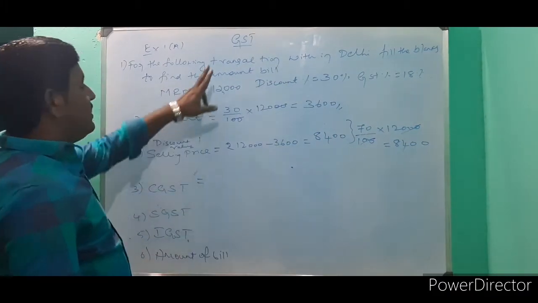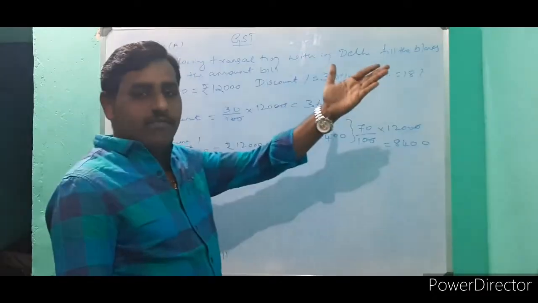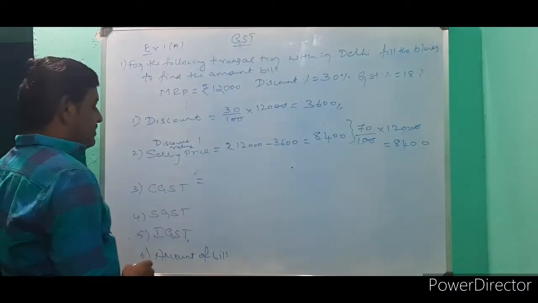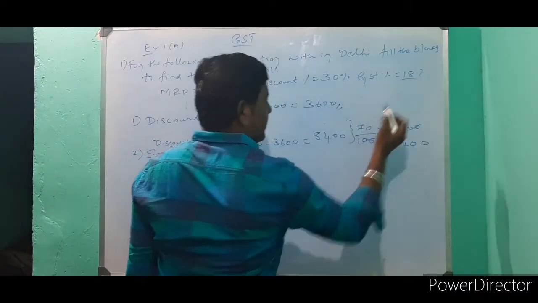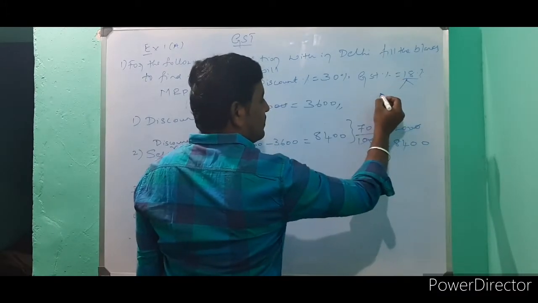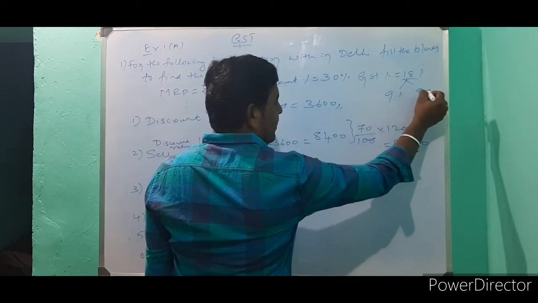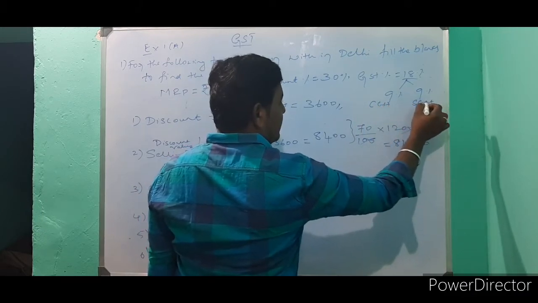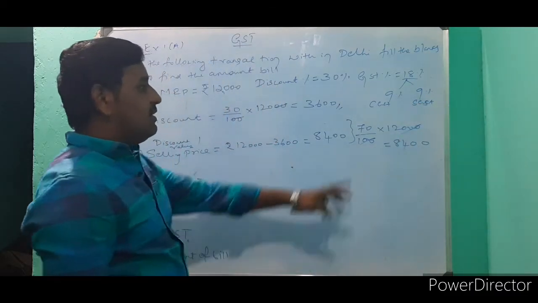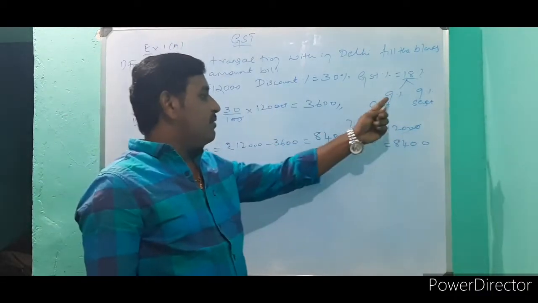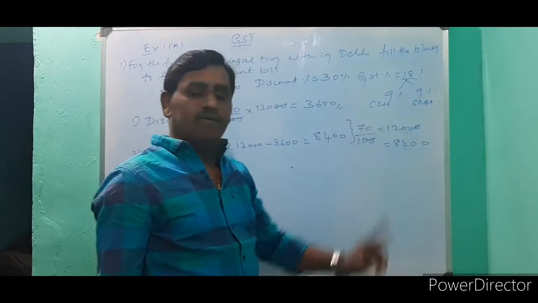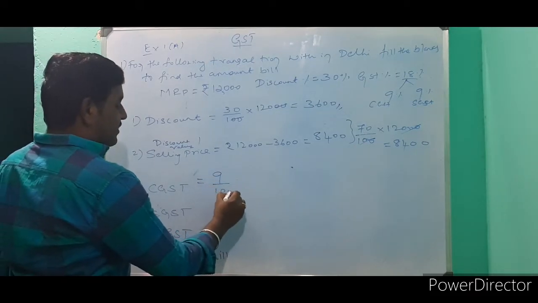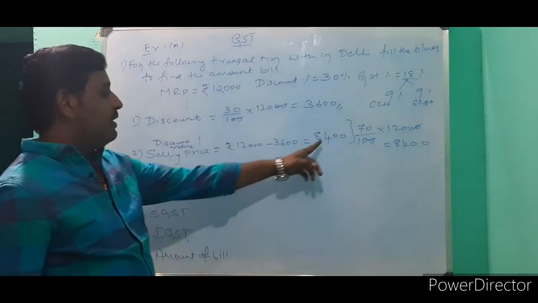Next, the transaction: the goods are supplied within one state, that is intra-state. So that's why you can find CGST and SGST. Here GST is 18%, so it divides into 9% and 9%. This is for CGST, this is for SGST. So the GST is divided into two. One half goes to the central government, another half goes to the state government. CGST 9% is 9 divided by 100, into the selling price.